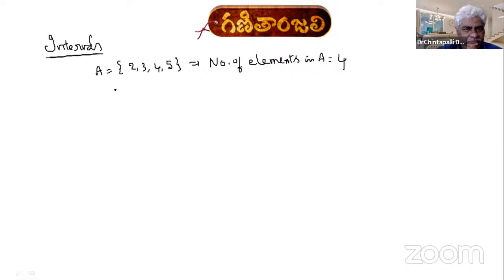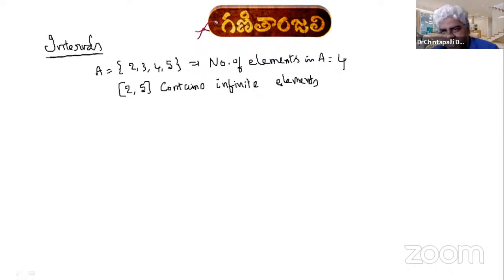But now see, if we write an interval like this, it contains infinite elements. You know why? Because it's between 2 and 5, including 2 and 5, there lie infinite elements. For example, 2.01, 2.001.